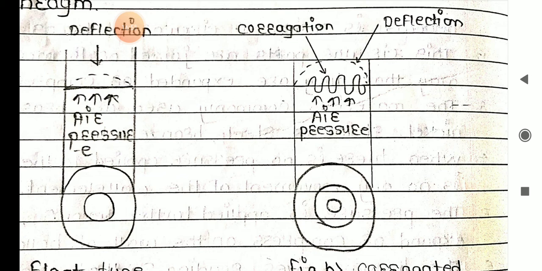What will happen? It will disperse or change shape. It will deflect. So that is one type, flat and corrugated. If the river water is constant, that is flat. If you take the stone and throw it into the water, again it will give some deflection, it will change. So that is the corrugated type.